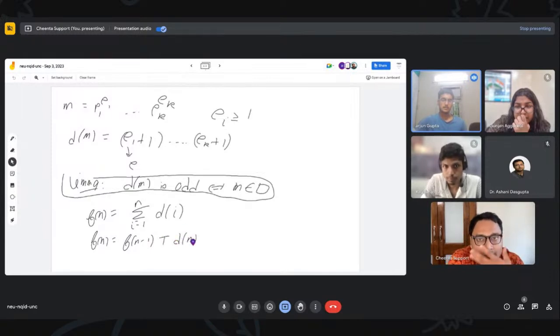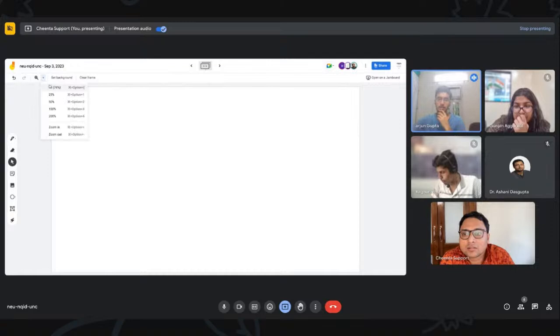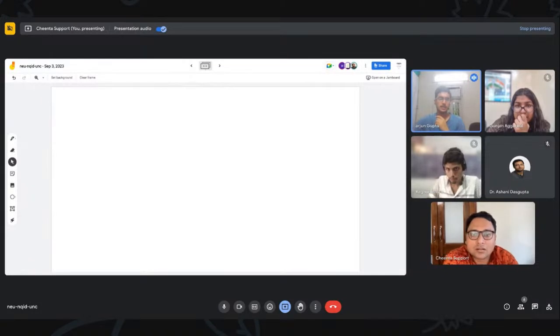This is literally how we define Fn. So, I'll go to the next Jamboard. And we also made an observation about when dm is even and when dm is odd, so I can make this claim, and our claim is that Fn is congruent to F of n minus 1.